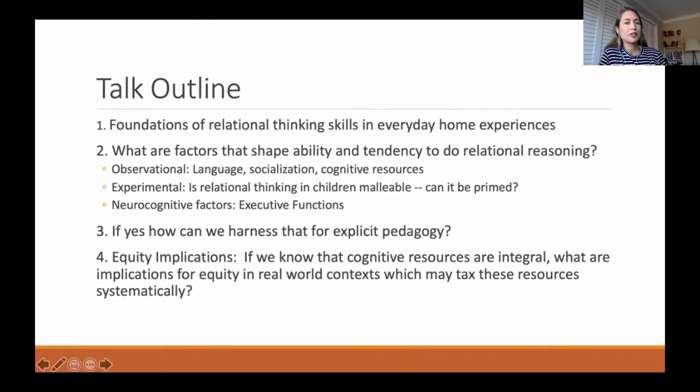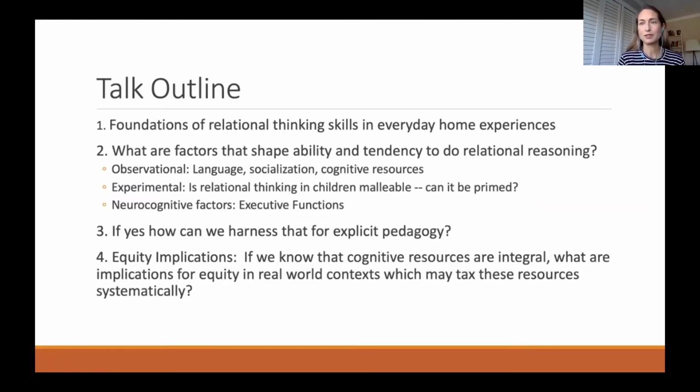So the first thing I want to do is talk about the foundations of relational thinking skills and everyday home experiences. So again, I'm really going to try to center today in everyday learning and everyday relational structure mapping or structured thinking. And I want to get at some of the factors that shape ability and tendency to do relational reasoning.